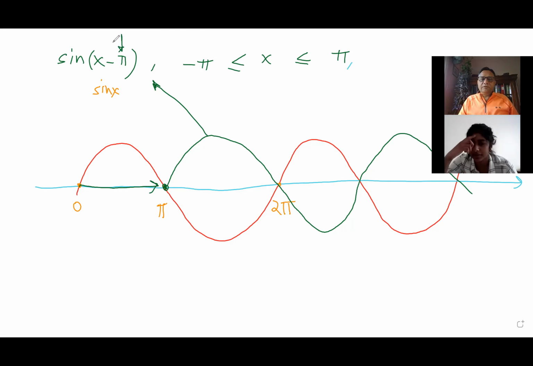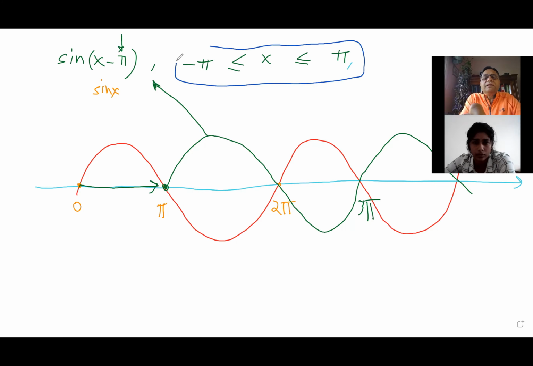Now you should remember one thing. You don't want to sketch the whole graph which I have sketched. I have sketched the graph from pi to 3 pi. This is pi, 2 pi, this will be 3 pi. Is that clear to you? Now, what we only want is the graph between minus pi and pi.